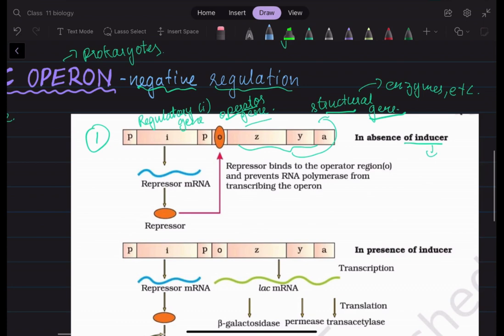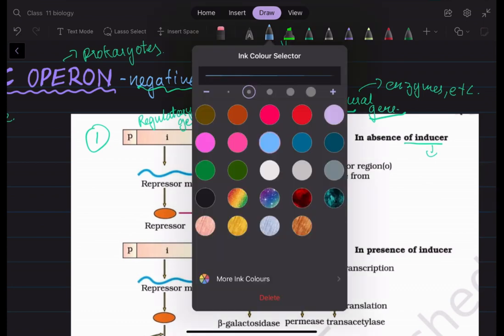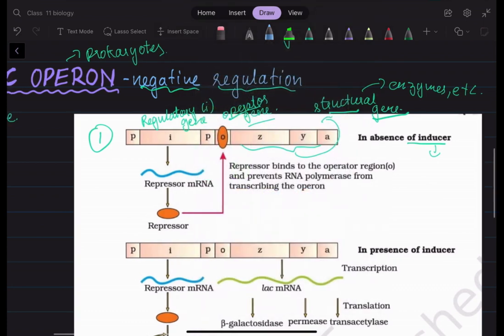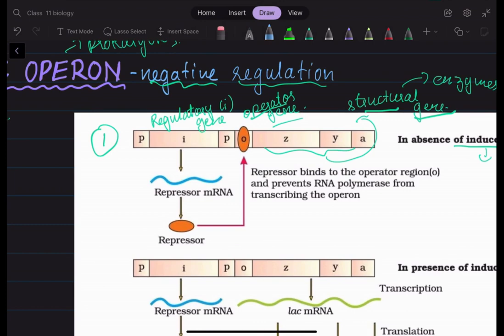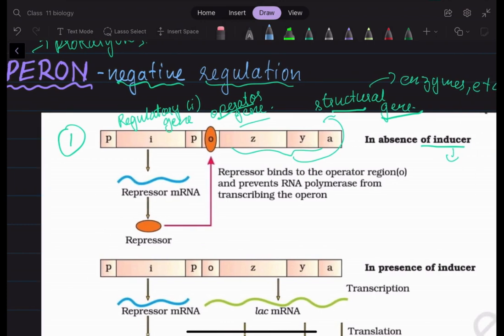So when the lactose is absent, we do not need the enzyme, right? So here in the structural gene, we have three other parts. We have the Z gene, we have the Y gene, and we have the A gene.